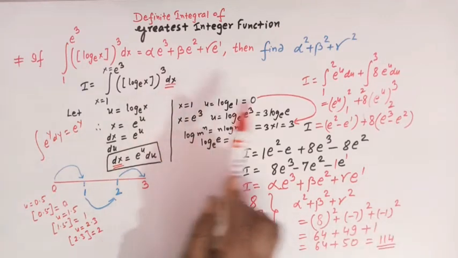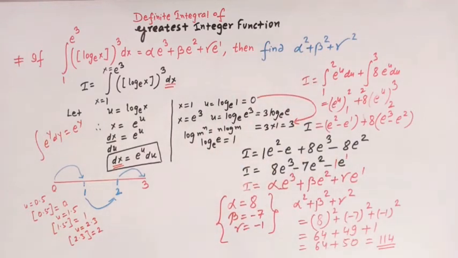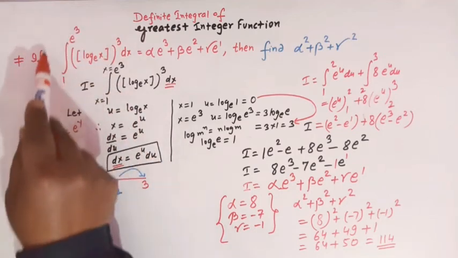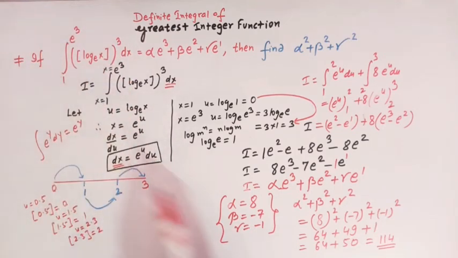So the value of alpha square plus beta square plus gamma square is equal to 114. So viewers, this is how we solve this problem.